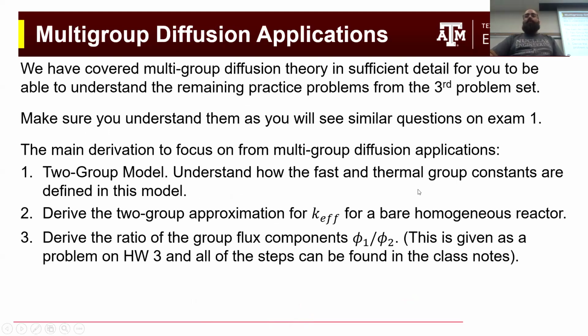It's mostly two-group model derivations that I was asking about on the homework. There's a derivation for getting a two-group approximation for k effective, and there's also a two-group model where we can get a ratio of the fast to thermal flux components. This was all given in problem set three.